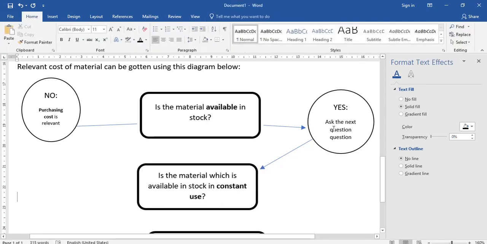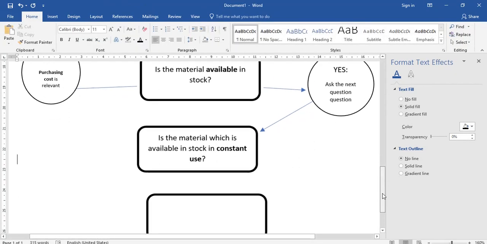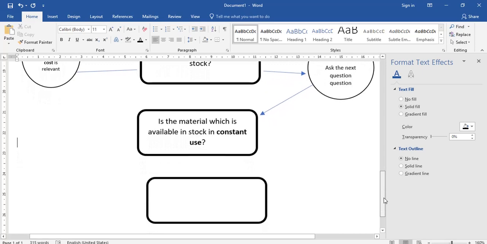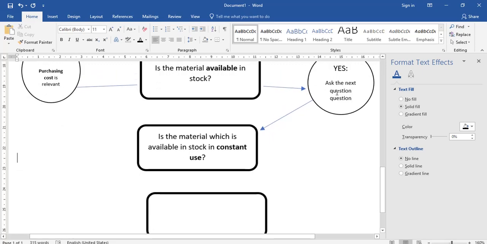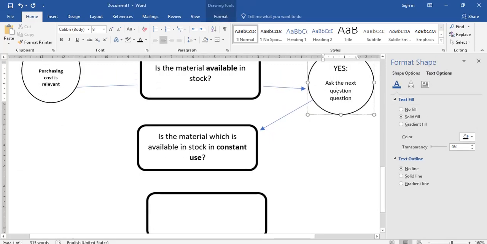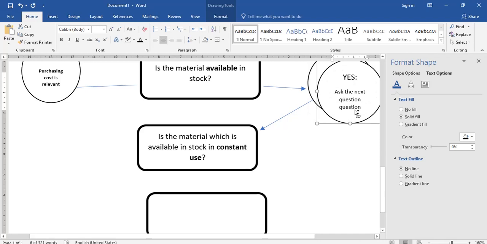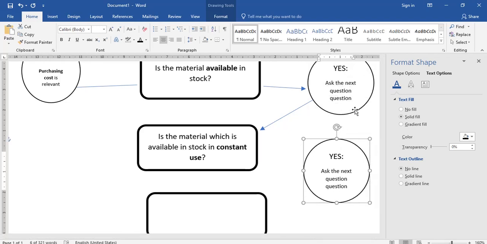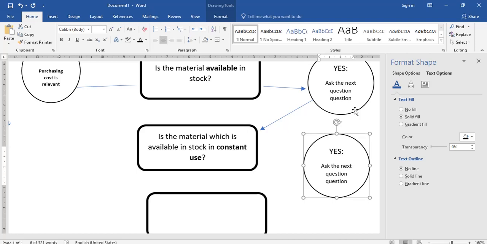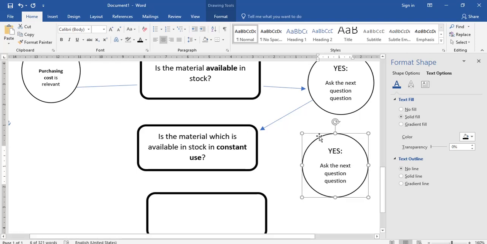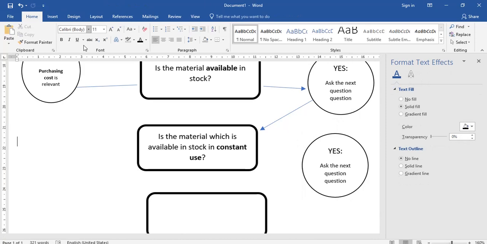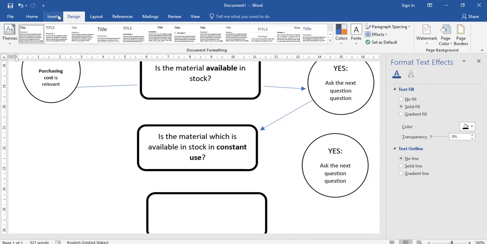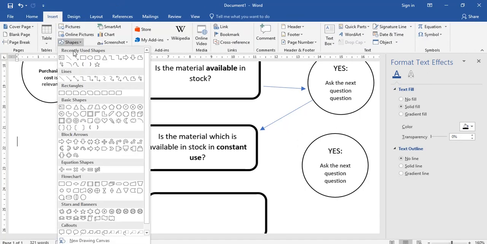Once again, we can answer yes or no. If we answered yes, what is going to be our relevant cost?